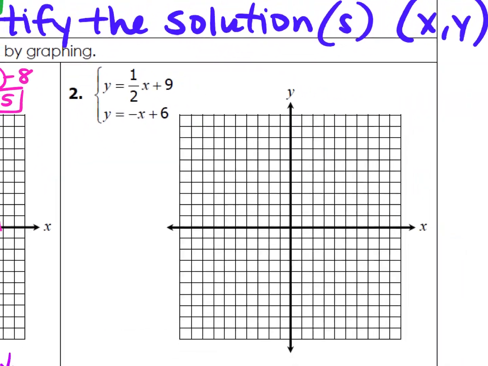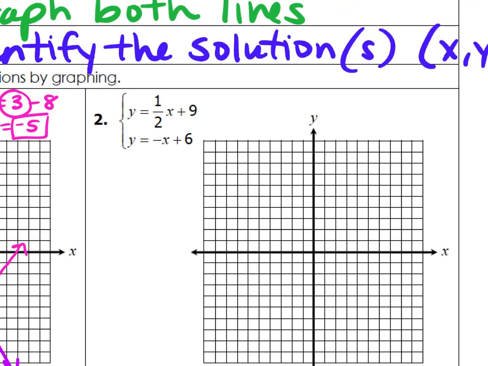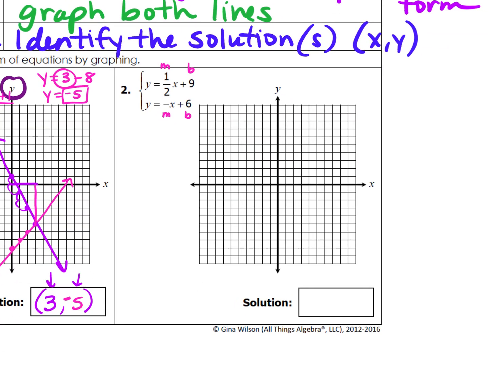I want you, using those principles, so this is your M, this is your B, this is your M, this is your B, try to graph those two for me and see what solution you get. And if you're stuck on something, tell me, and I will help you out.